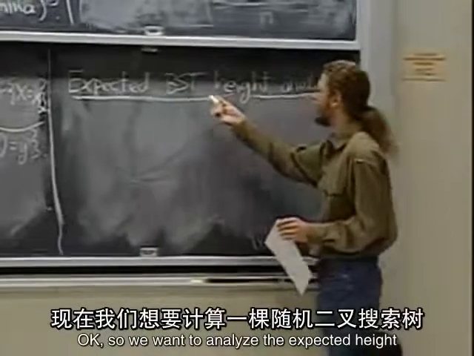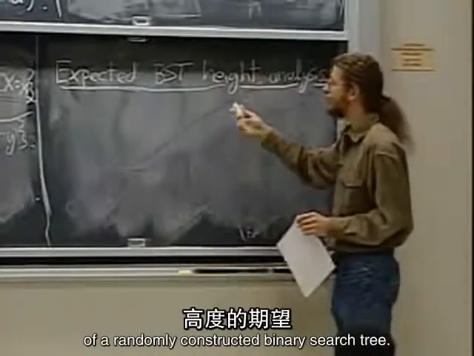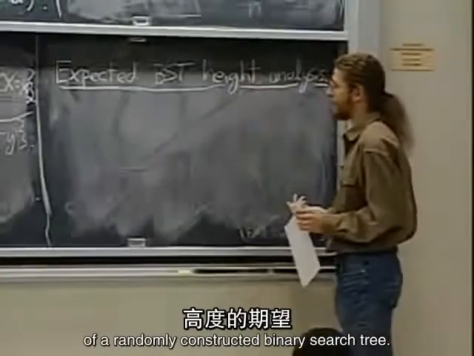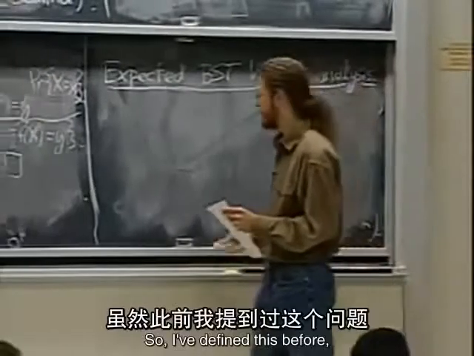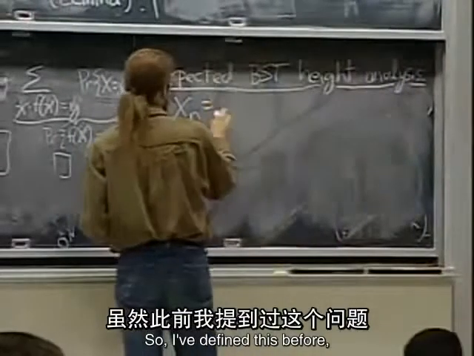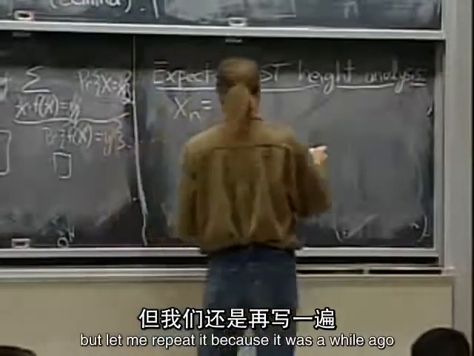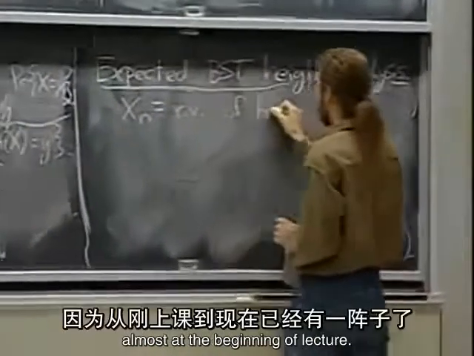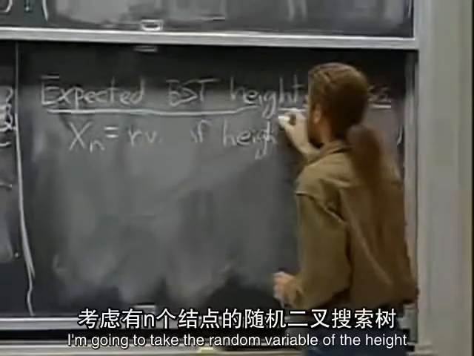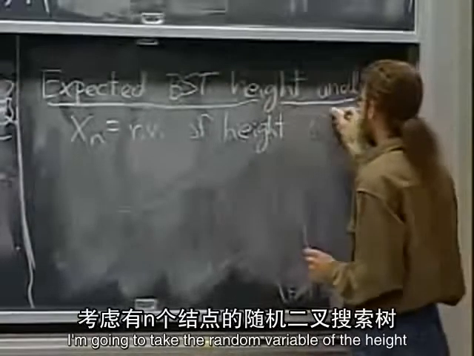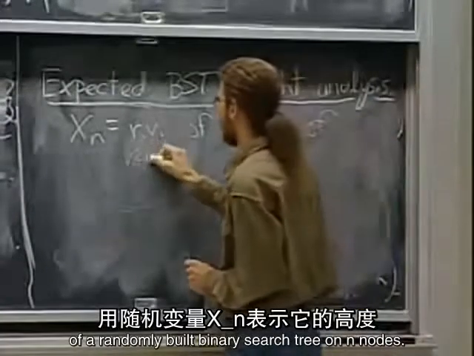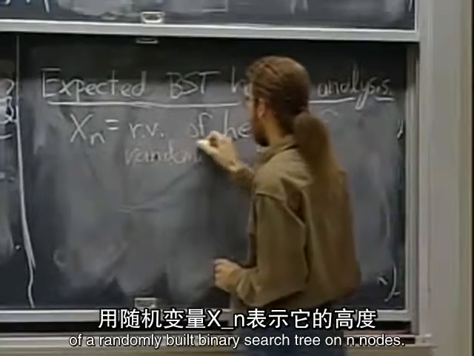Okay, so we want to analyze the expected height of a randomly constructed binary search tree. As I've defined this before, but let me repeat it because it was a while ago, almost the beginning of lecture, I'm going to take the random variable X_n, the height of a randomly built binary search tree on n nodes.